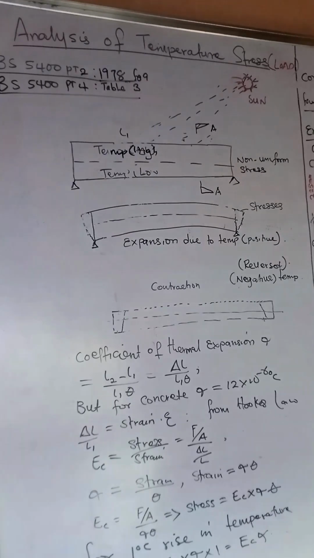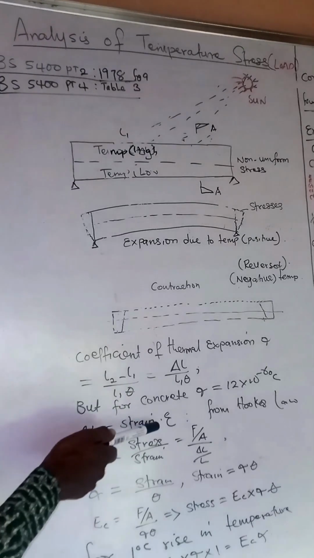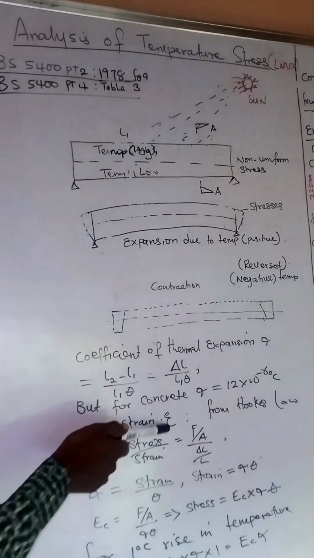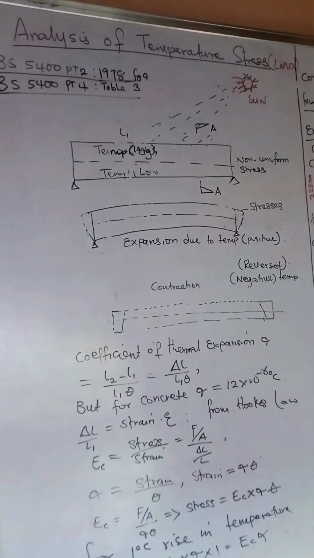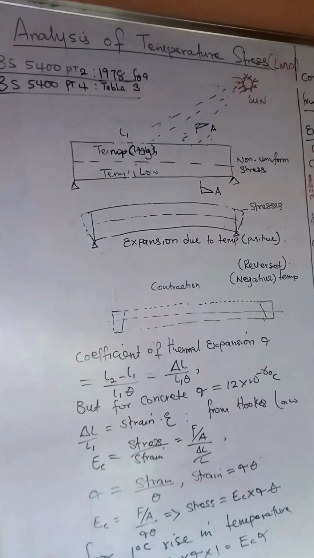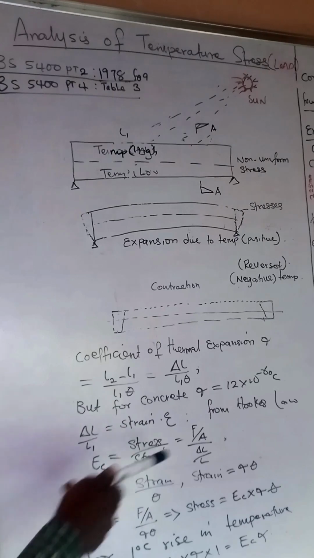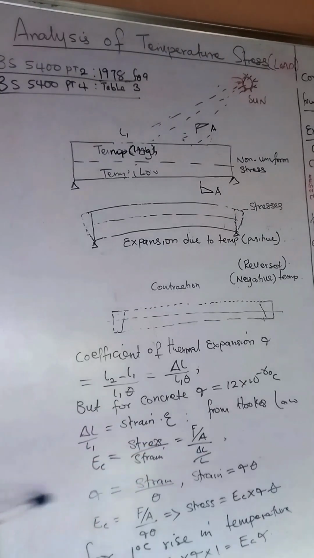We know that from Hooke's law of elasticity, the change in length over our original length is equal to our strain, epsilon. And we equally know our modulus of elasticity, E, let's consider concrete in this case. So we'll say the modulus of elasticity, E, for concrete, is the ratio of the stress in the concrete to the strain. Now we know that stress is force over area, while strain is change in length over original length.